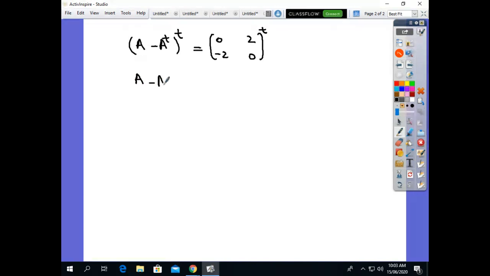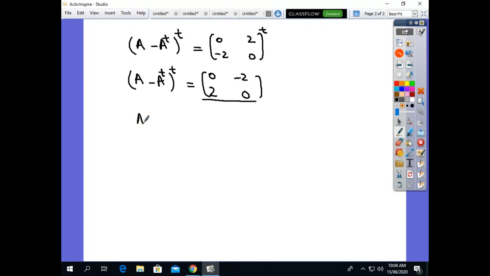After taking transpose on the right hand side, we get [0, negative 2; 2, 0]. Now we see that [0, negative 2; 2, 0] is not equal to A minus A transpose.